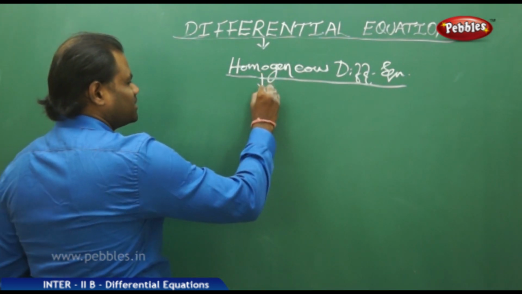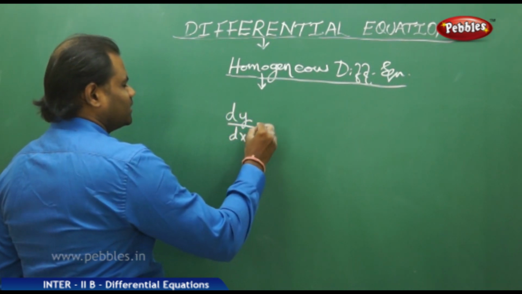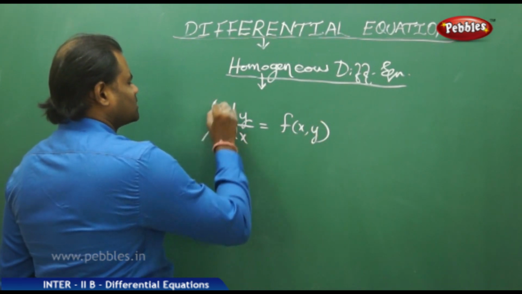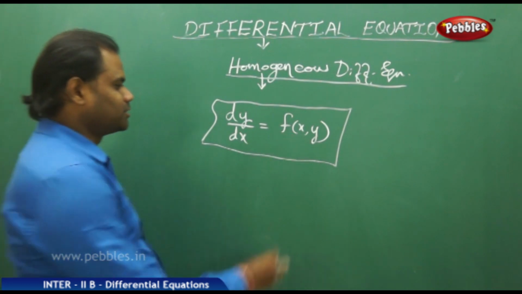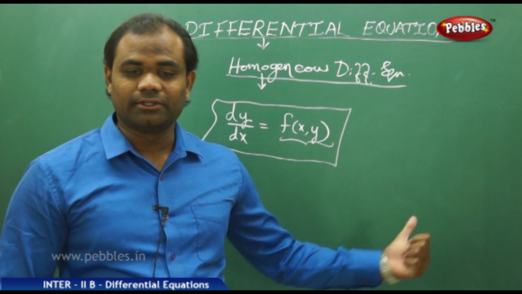That is, if I take a differential equation of first order and first degree equal to this, it is called a homogeneous differential equation if this function is a homogeneous function, which we discussed in the recent session.